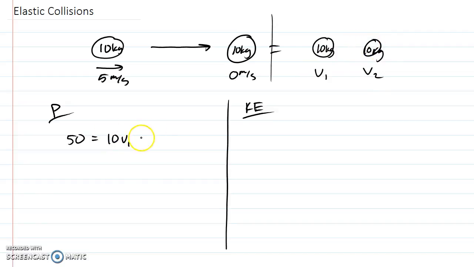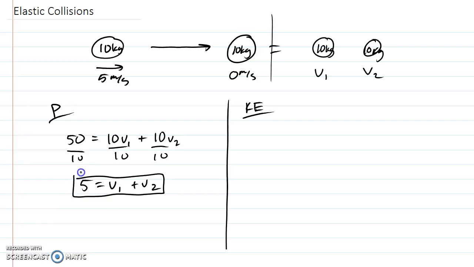The second object will also be 10 times, but v2. Alright, and then I also check to see if I can't simplify anything in my equation. One thing I notice is that everything is divisible by 10. So as long as I divide everything in the equation by 10, it's actually going to be simpler. It's going to be 5 equals v1 plus v2.